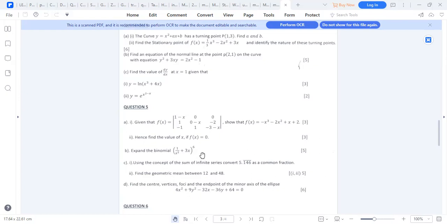Y, when you're given f of x is as good as putting y there. So given y is equal to a third of x to the power 3, then minus 2x squared plus 3x.